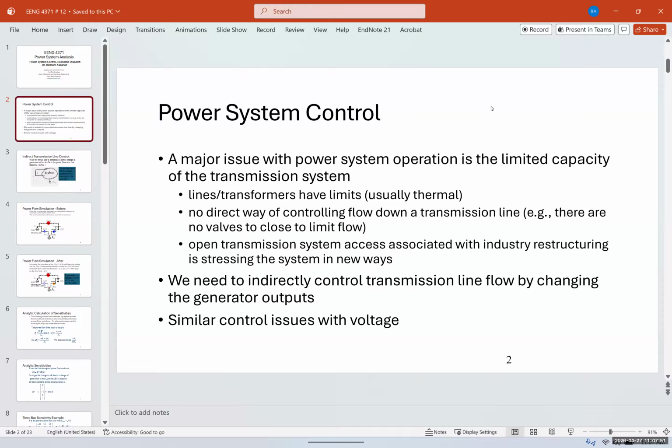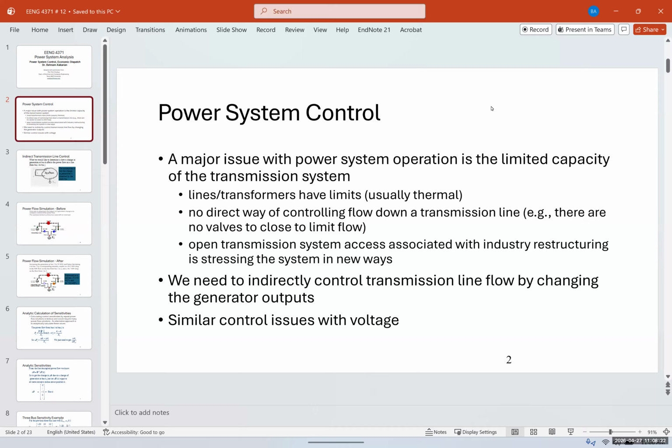And Kirchhoff's laws decide where it goes, not the operator. A simple example would be if we have lower resistance, you're going to have higher current passing through that branch. So we don't have any controls. But for a water system, you can control the valves and control the loads and the outputs. So Kirchhoff's laws decide where it goes, not the operator.